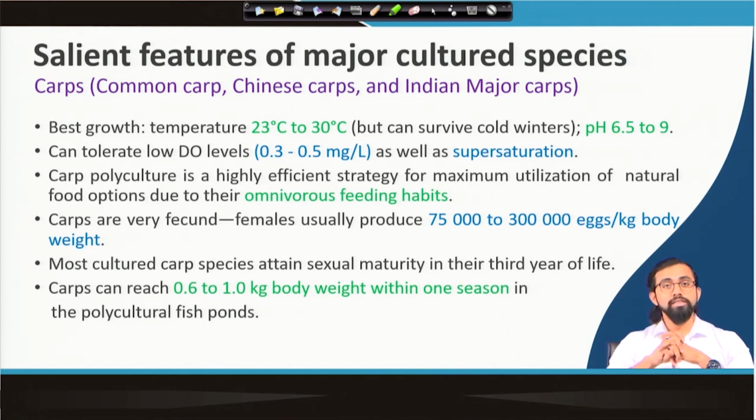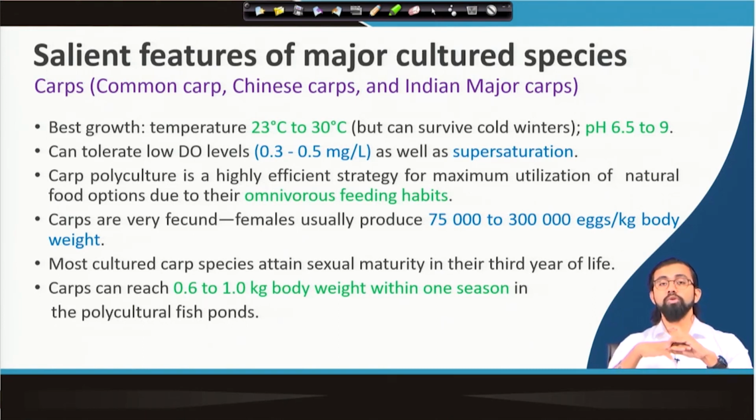Carp polyculture is a very efficient strategy, as we discussed in the earlier lectures on why we should go for polyculture. It is used to maximize the utilization of natural food options due to their omnivorous feeding habits. Carps are very fecund.